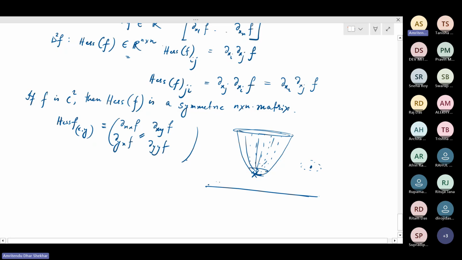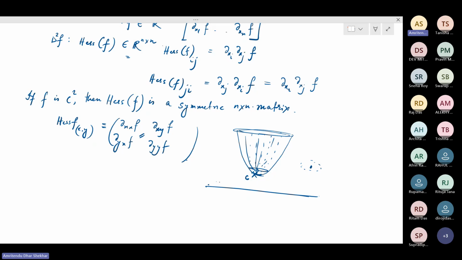So essentially, what it means is that in whatever direction you move from this point P, let's say this is my critical point C, the function value increases, at least locally. Okay, so C is a minimum.